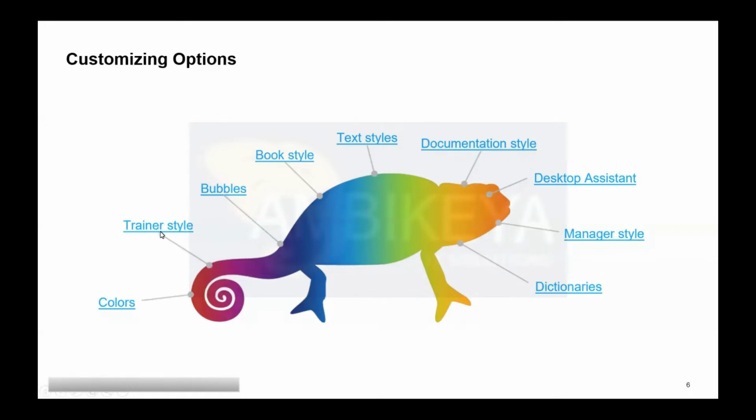The trainer style, also known as the skin of the e-learning framework, is basically the most important style. This is the must configure. For the others, it depends on the given budget. Bubbles, text box styles for different didactical purposes. The book style, the unknown alien, what is this about?